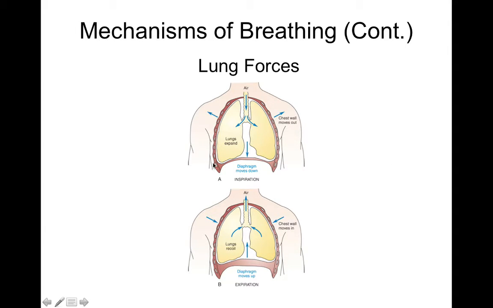So this is what this picture is showing here, you guys. We have elastic tissue that's going to help our lungs recoil. And then we have our thoracic wall, which helps hold the lungs to the inner thoracic wall here. The tissue that connects the lung to the inner thoracic wall itself is serous membrane. We call it pleura.